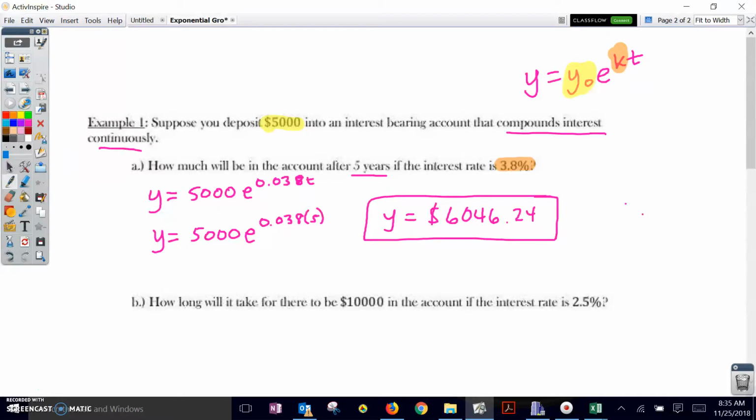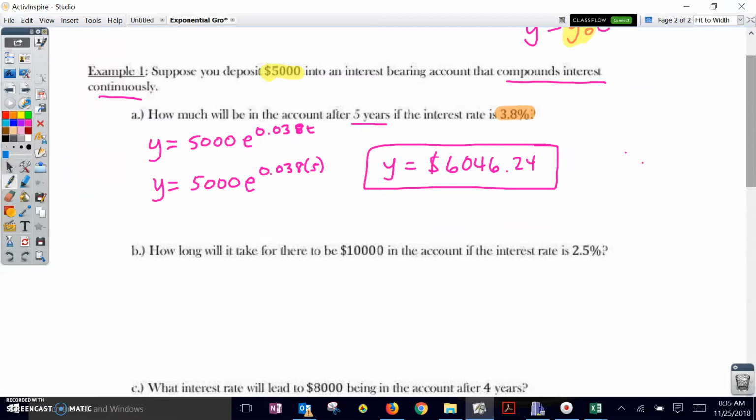How long will it take for there to be $10,000 in the account if the interest rate is 2.5%? So now our model is slightly different. The interest rate has changed. It's 0.025 t. And we want to know how long it's going to take for there to be $10,000 in the account.